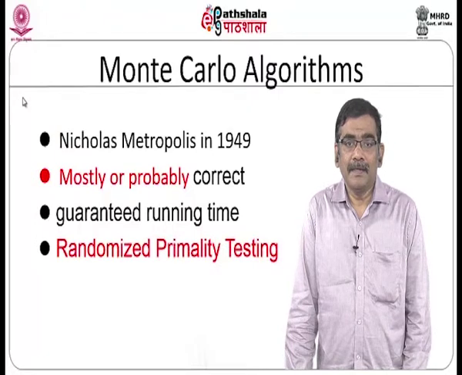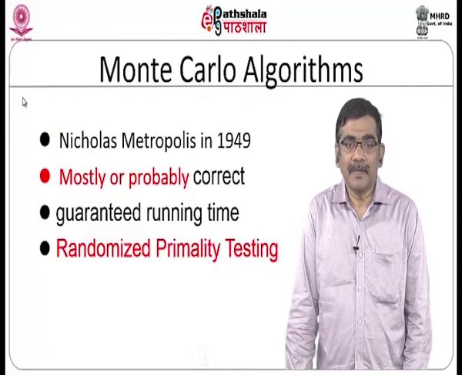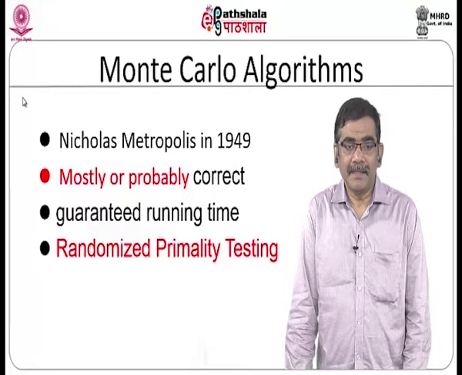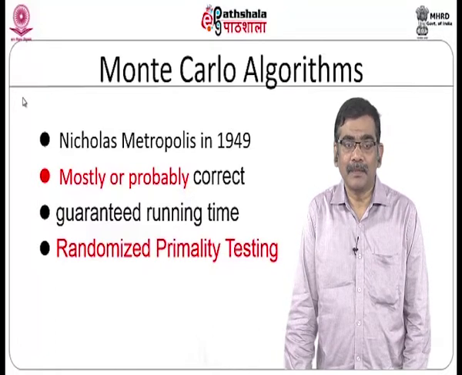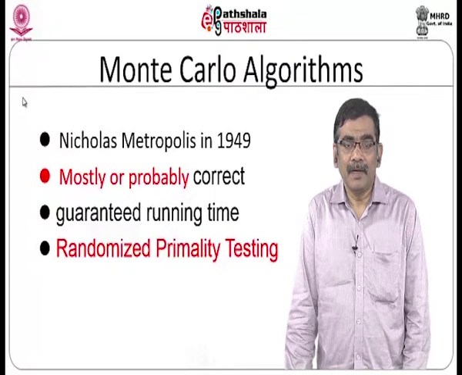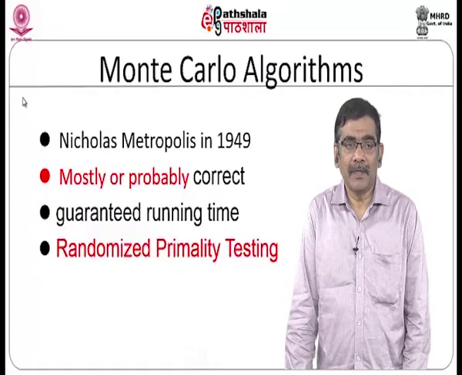Monte Carlo is another category of algorithm which was designed by Nicholas Metropolis in 1949. You can see the phrase, mostly or probably correct. That means we will not always get the right solution, but instead the output is associated with a probability, and the probability tells what sort of answer it is.